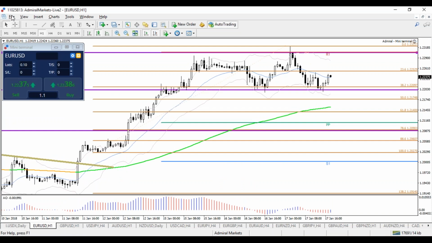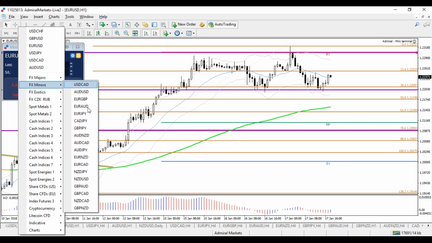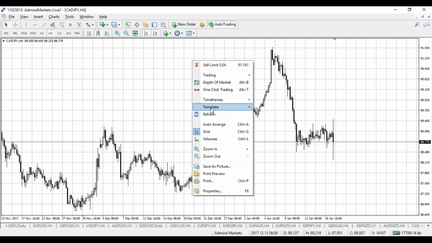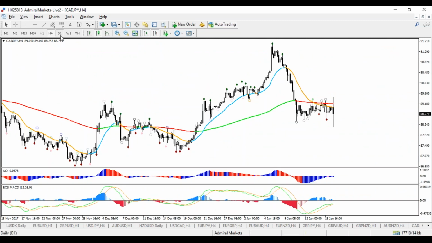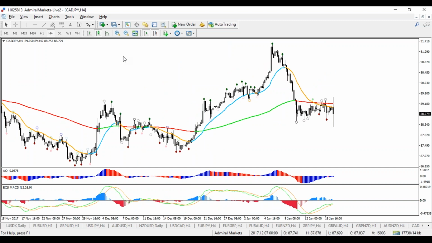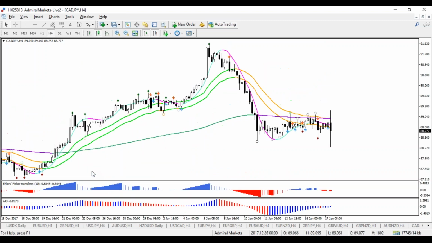I don't see the CAD yet. Let me add that quickly. Maybe I missed that. There we go, CAD yen. Could be interesting to keep an eye on this one because of the flag that we see here.